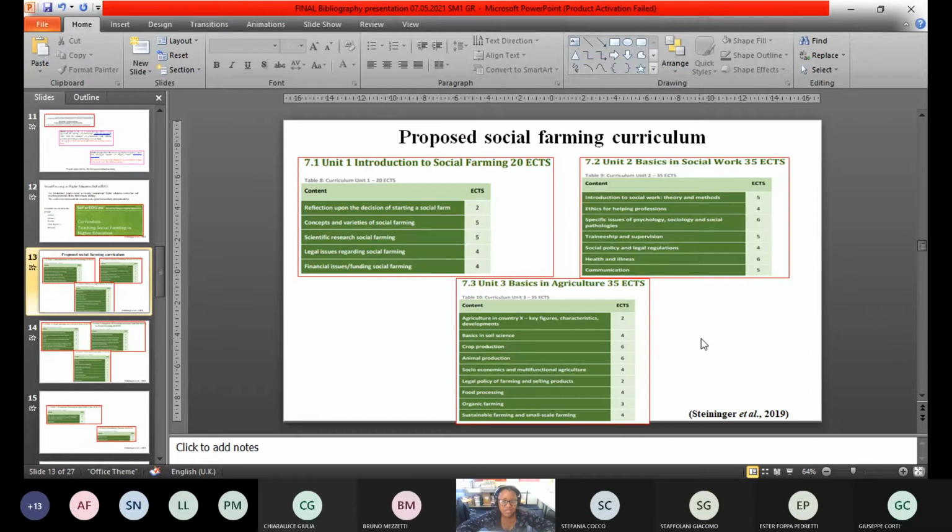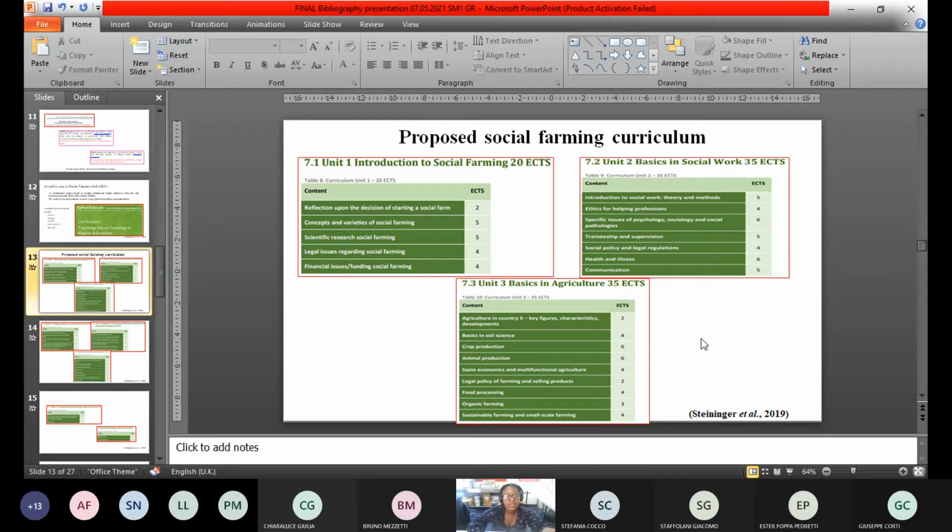And from the project, a curriculum for teaching social farming was proposed, with a couple of units that make up the whole curriculum. The first unit is the introduction of social farming, basically looking at why social farming exists, what it is important for, and how it is going to benefit the community at large, and why, as a farmer or as any other profession who wants to go into social farming, you chose to focus on this particular branch of agriculture.